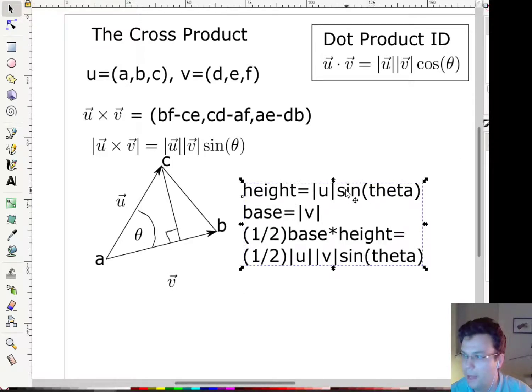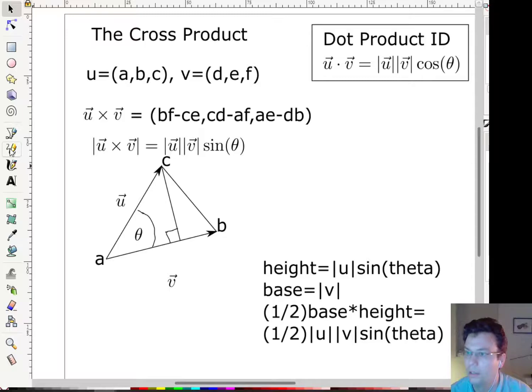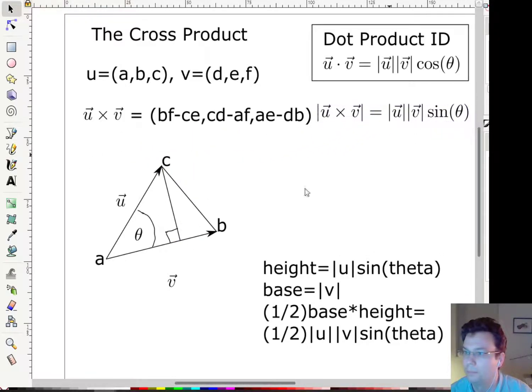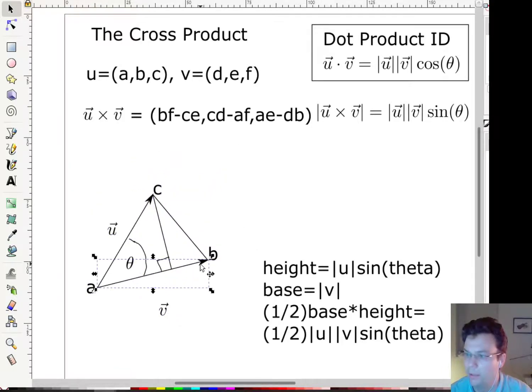Another way of saying that: if I go back and think about vector addition, I form a parallelogram if I add u to v or v to u.